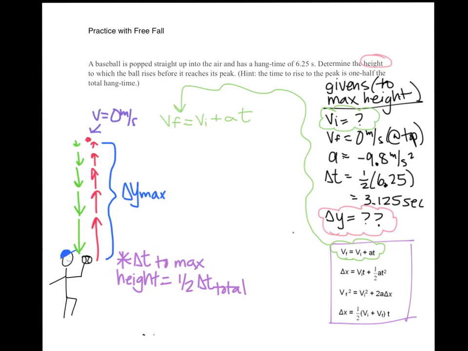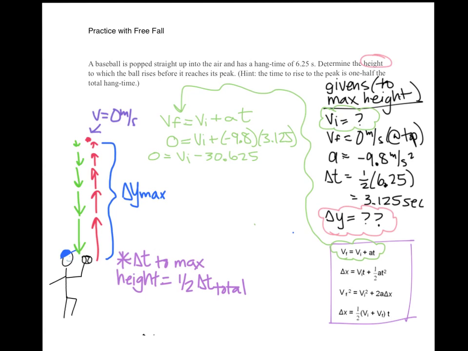Okay, so I picked the first one because it has final velocity, acceleration, and time, which I know, and it has initial velocity. So then I just plug everything in because I'm solving for initial velocity. So 0 is my final velocity, negative 9.8 is my acceleration, and 3.125 is my time because I'm only focusing on the trip up.